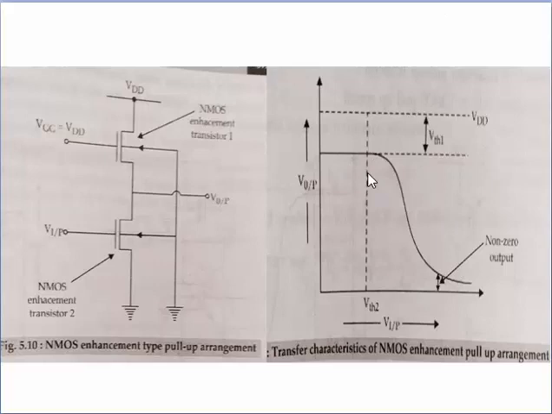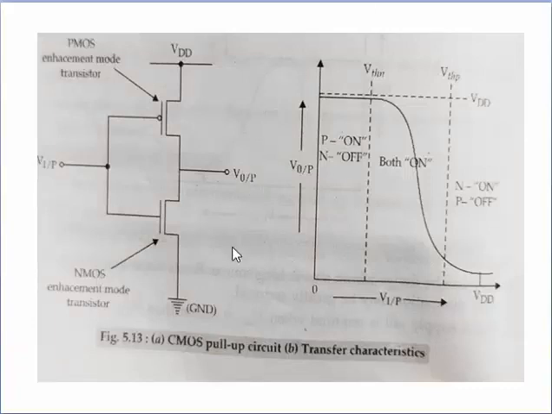And the last case is if we use a complementary transistor as a pull-up. Now case 4 is the complementary pull-up transistor. As we have seen in the previous case also, no current flows for either 0 or 1 input.